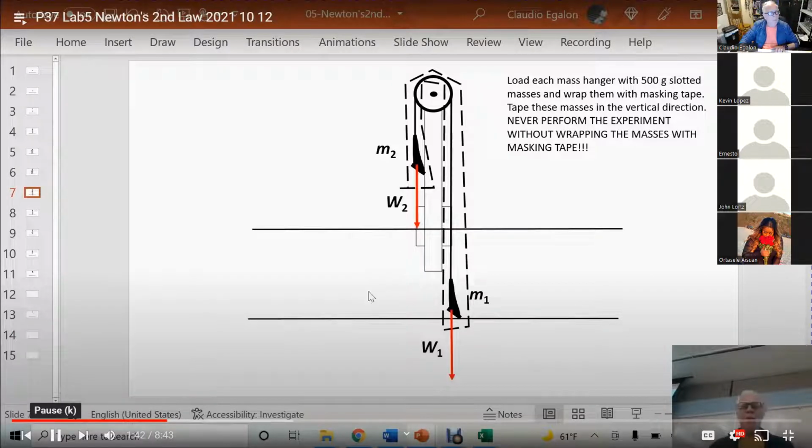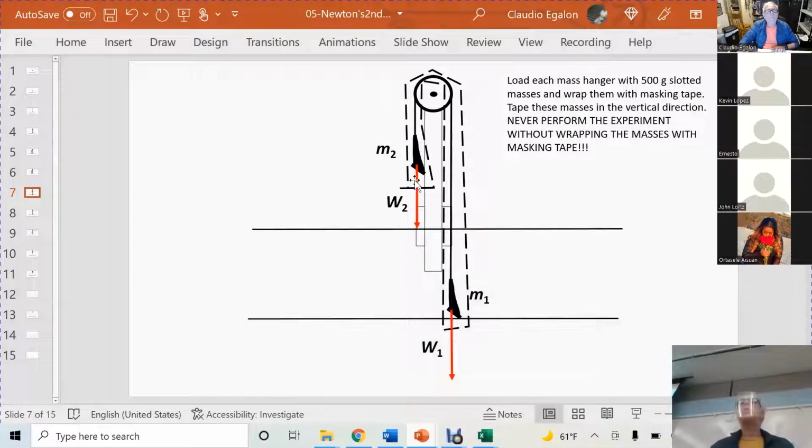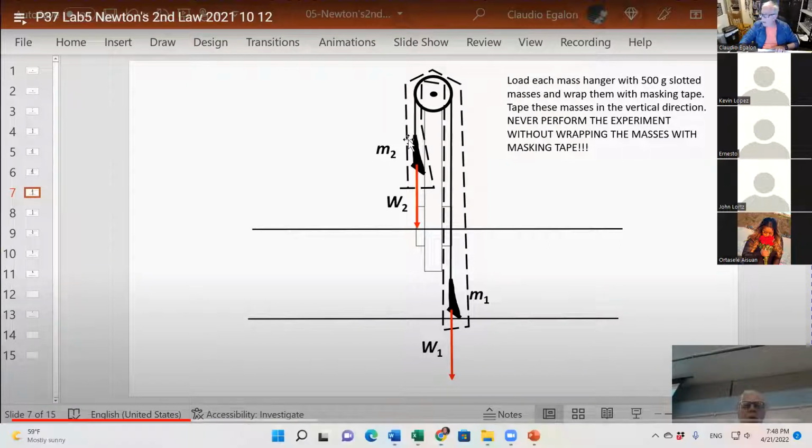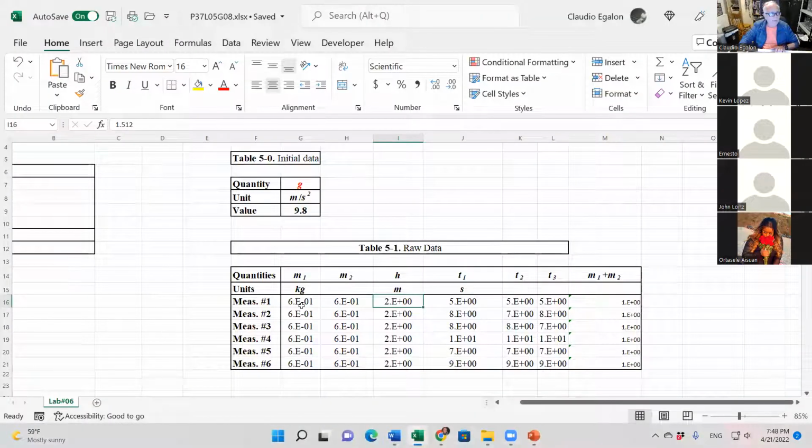And the way I'm going to do the experiment, you're going to load a total of 500 grams here on mass 1 and a total of 500 grams here on mass 2, and then I'm going to add a little bit of masses according to what's in the lab manual, okay? So you do understand, you start close to half a kilogram. Actually it's 550 grams.